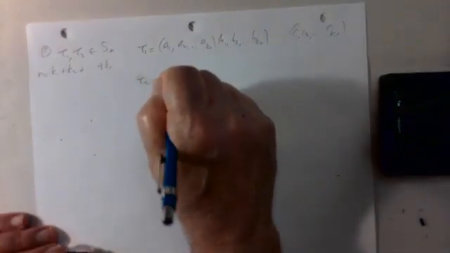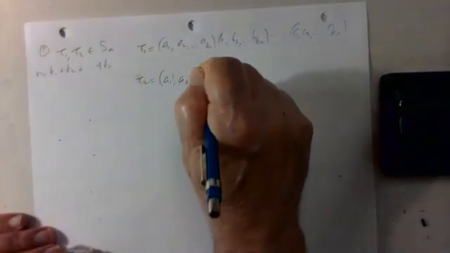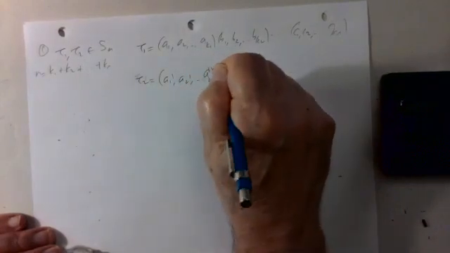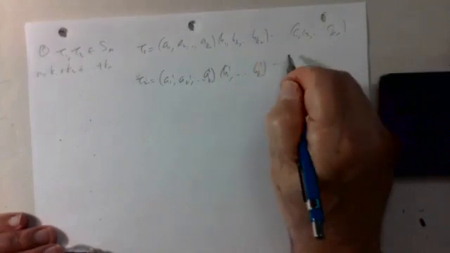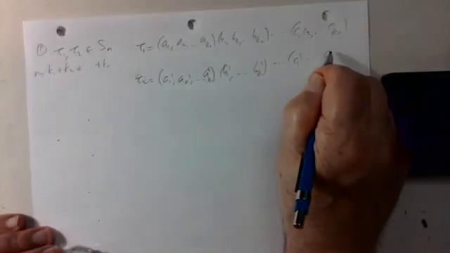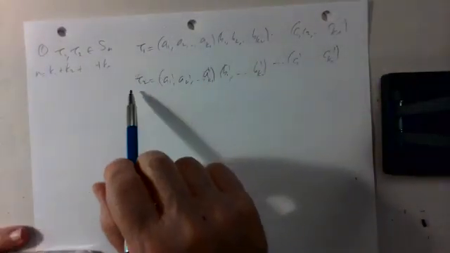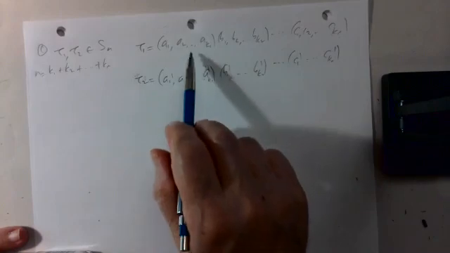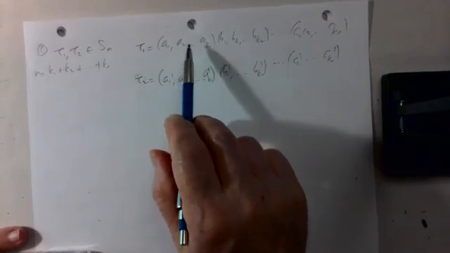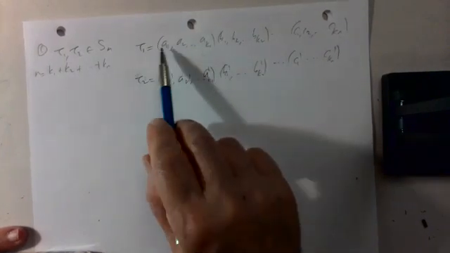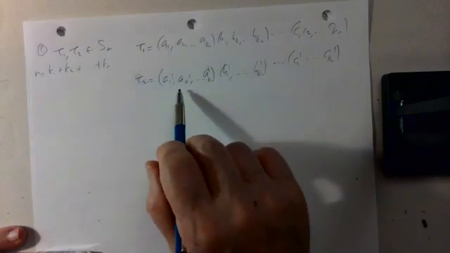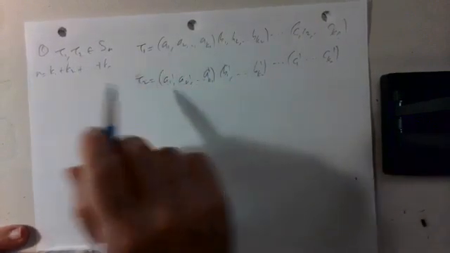I'll call it (A1 prime, A2 prime, up to A prime sub K1), (B1 prime up to B sub K2 prime), and so forth, up to (C1 prime, up to C sub K sub R prime). So I have two permutations, and they have the same kind of decompositions into cycles. This is a product of R cycles of these lengths. This is a product of R different cycles, but of the same lengths.